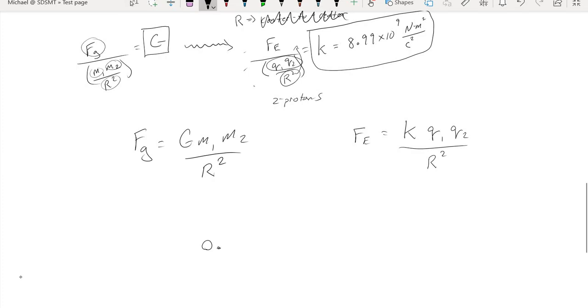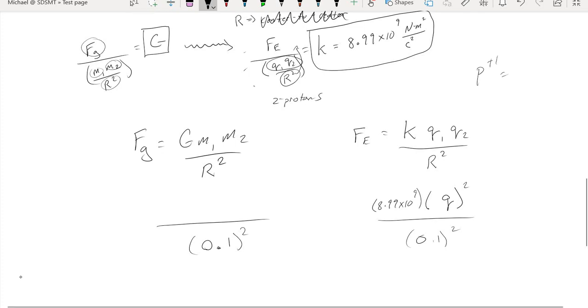10 centimeters is going to be 0.1, so we'll square that. 0.1 squared. Our k value, as we mentioned, was 8.99 times 10 to the 9th. We're going to have two protons, which will each have the same charge of positive 1 elementary charge.